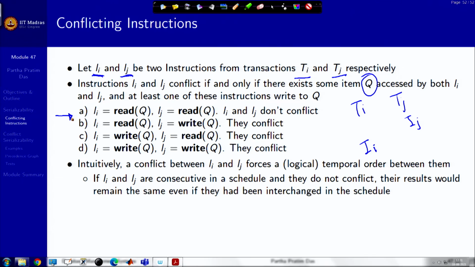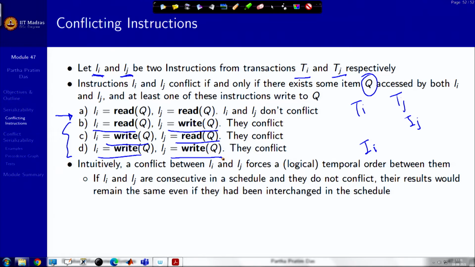Suppose both are reading. Does it matter in which order they read? It does not, right. Looking at just these two, they do not conflict. But if one reads and the other writes, or one writes and the other reads, or if both write, then it does matter who goes first and who goes second.